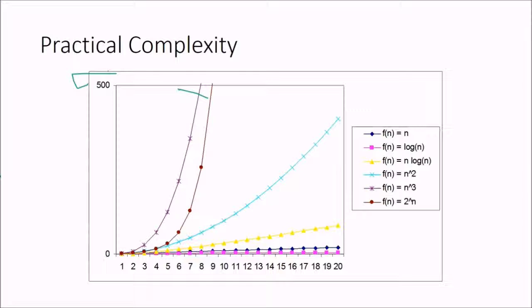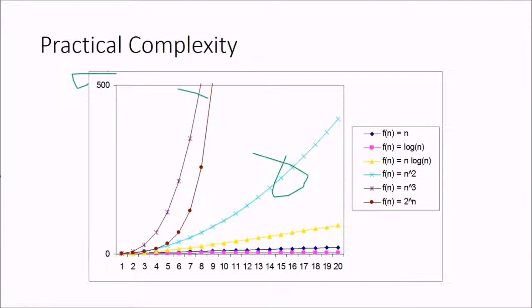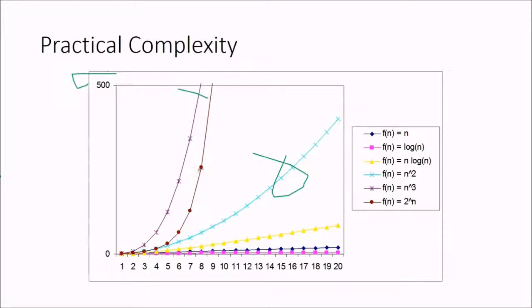Now n square has come down, but others have somewhat remained the same. But this one we are concentrating upon, 2 to the power n, is bending towards n cube.